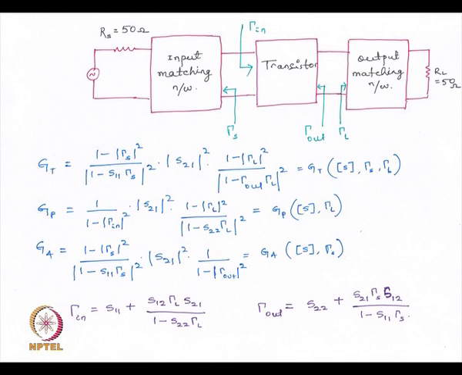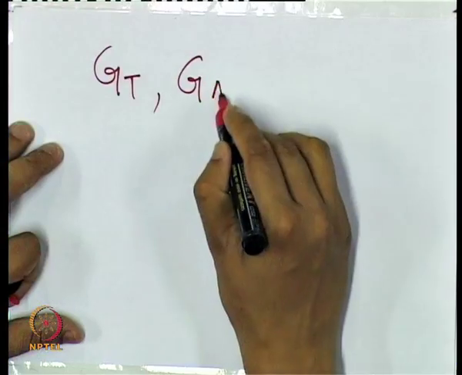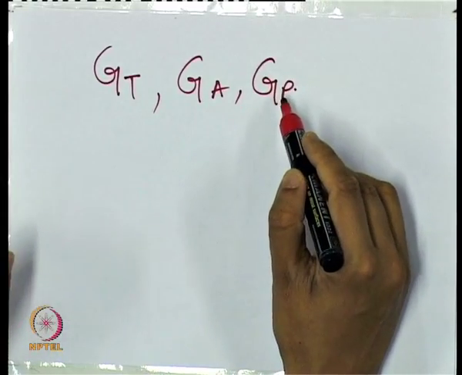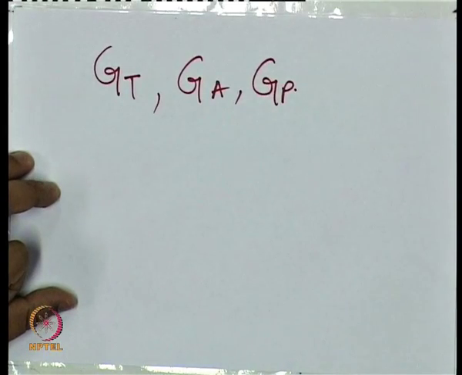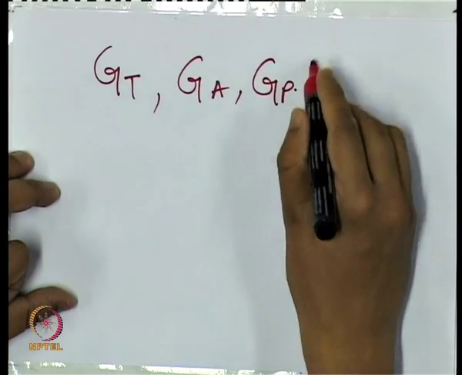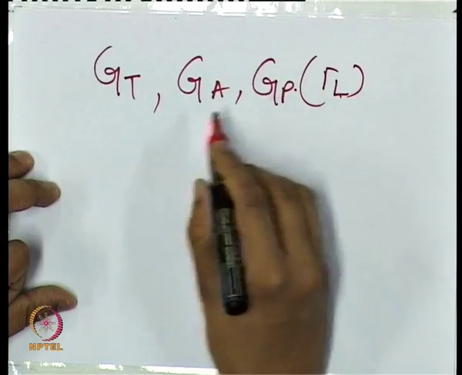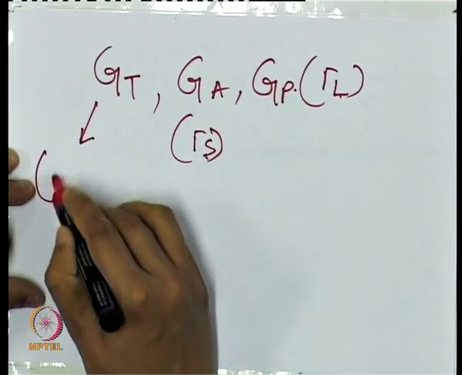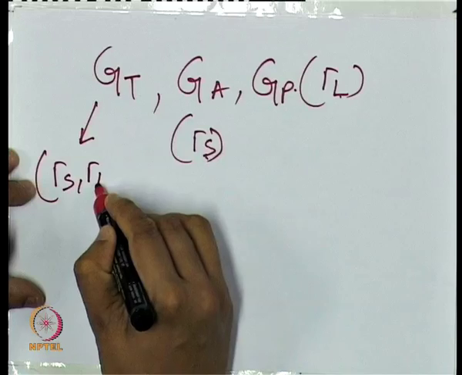So we saw that we have three terms: GA, GT and GP. We saw that GP is purely a function of gamma L, GA is purely a function of gamma S, and GT is a function of both gamma S and gamma L.